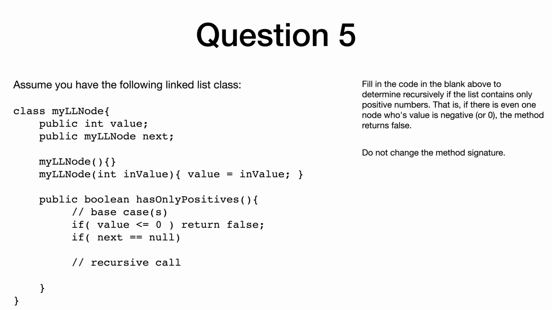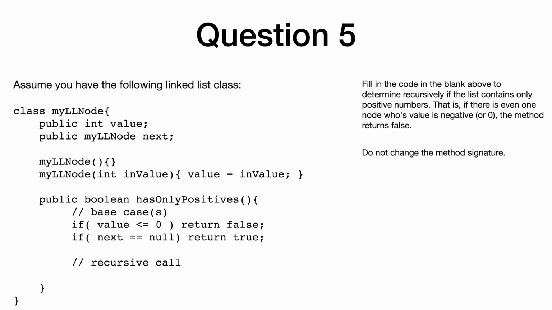If our next pointer is null and I wasn't negative, then as far as I know, the whole list from me on contains only positives. Otherwise, we know we have a positive value, and we have a next pointer. So whether or not our list contains negatives really depends on our neighbor.